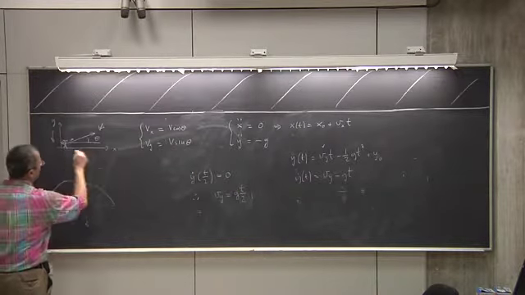So there is this block of mass m, held there motionless on this other block of mass big M, and the inclination angle is theta.